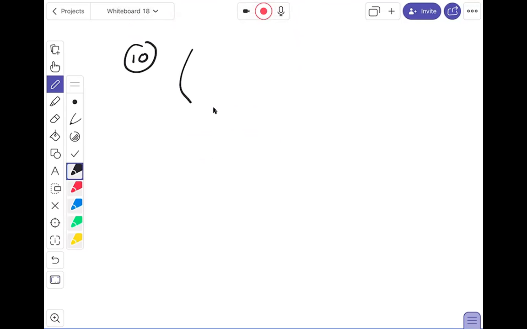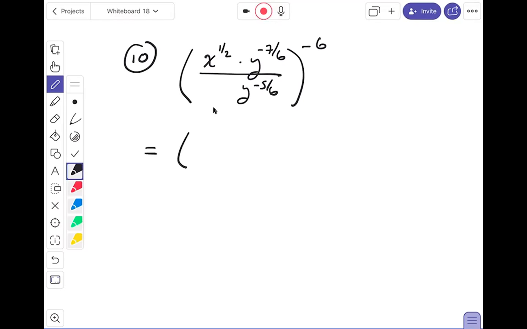And number 10 looks like it's a long problem. Well, I'm going to work on the inside first. And what would you get over there? Well, I'll write on the side. Minus 7/6 minus a minus 5/6 is minus 2/6.